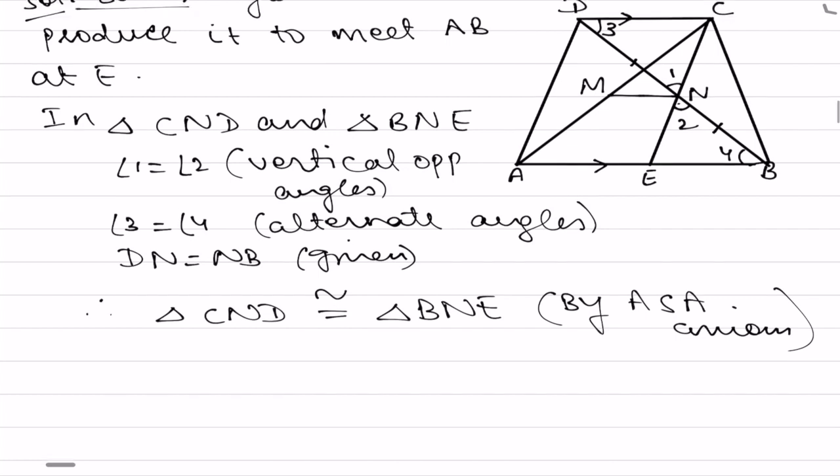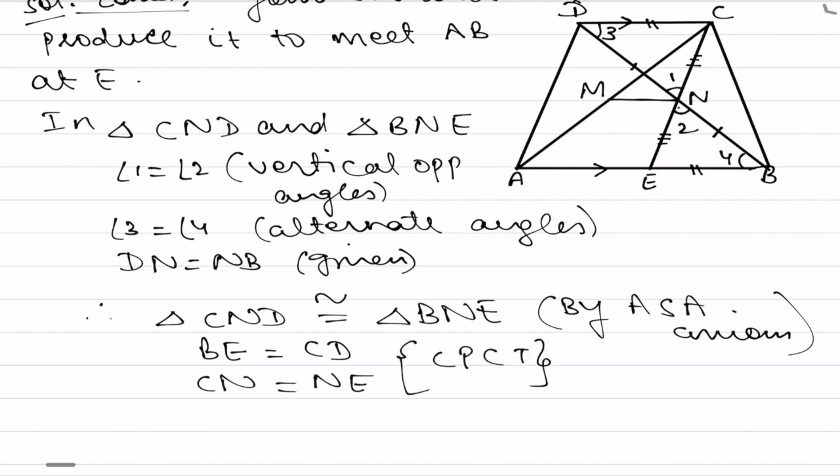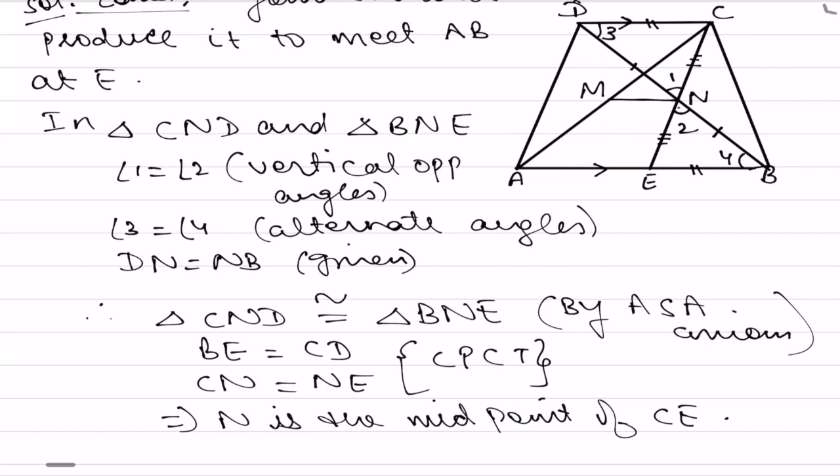Why did we prove the congruency? So that BE will be equal to DC by CPCT, as well as CN equals NE also by CPCT. So BE equals CD and CN equals NE. Both the remaining sides are equal by CPCT. Now CN equals NE means N is the midpoint of CE.